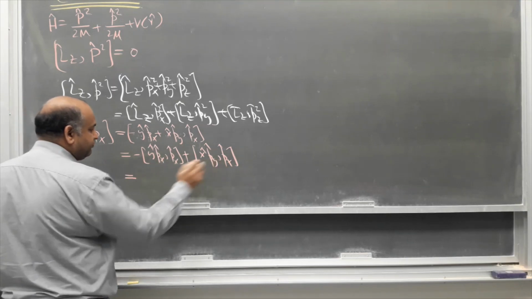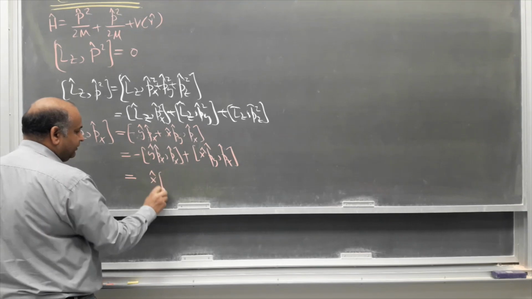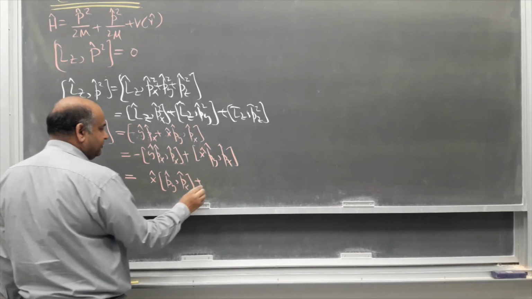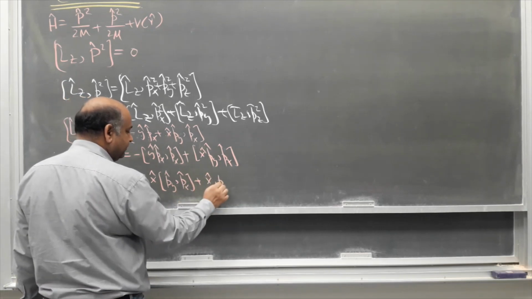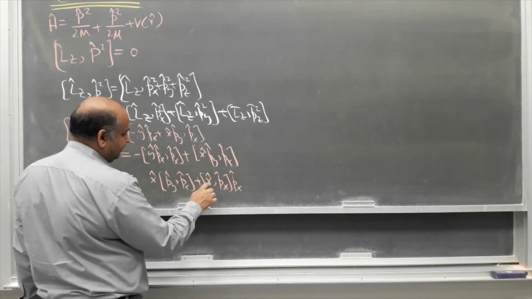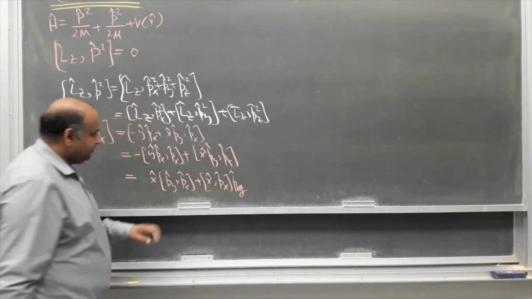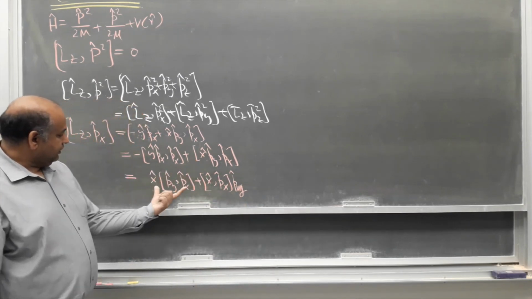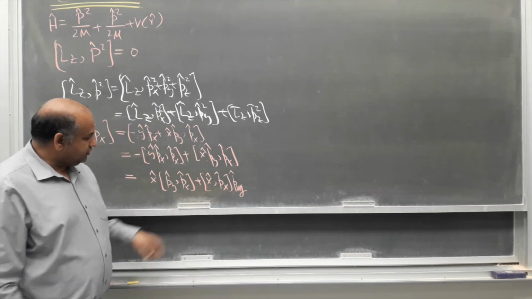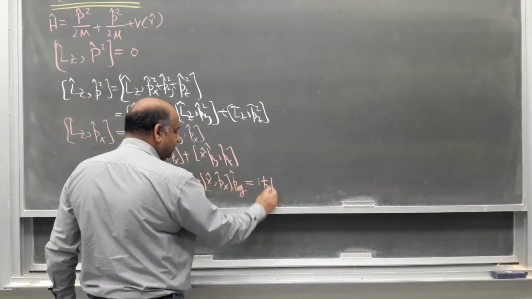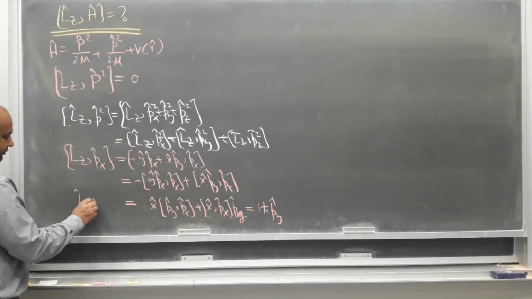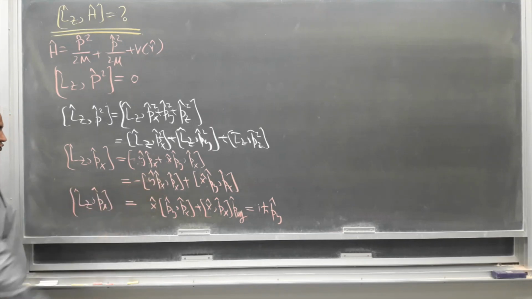I'm only left with this, and this I can expand as x py px plus x px x and py. So this py goes here and this x comes here, and this is 0 because we already know py px commute, and this is iota h cut, so this becomes iota h cut py. So Lz px is iota h cut py.